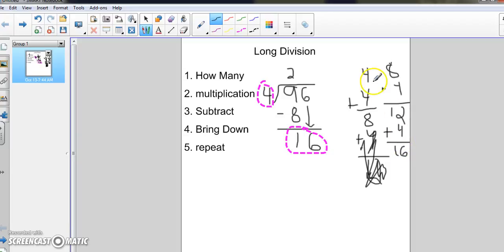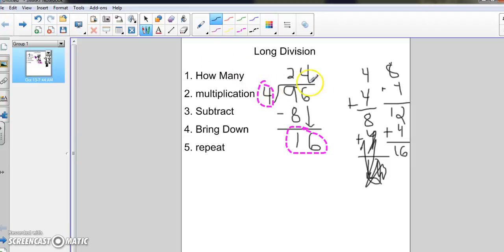Well, how many 4s did I have to add up to get 16 close to it without going over it? 1, 2, 3, 4. That would equal 16. And then I put down my 4 right here. It's how many 4s it did. 4 4s.